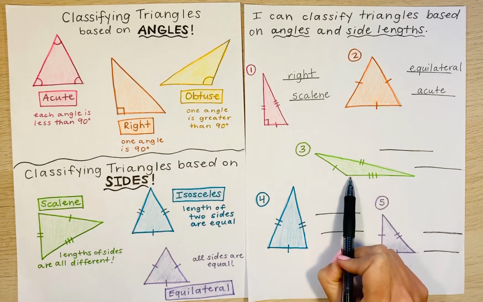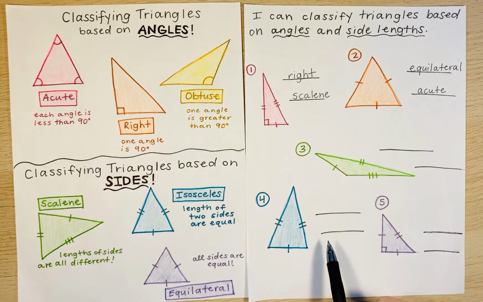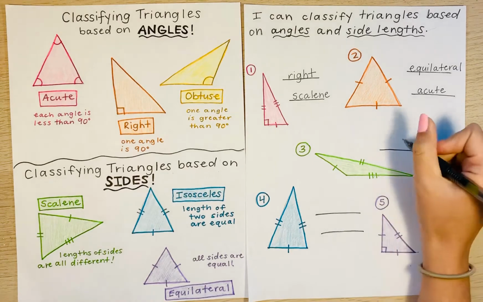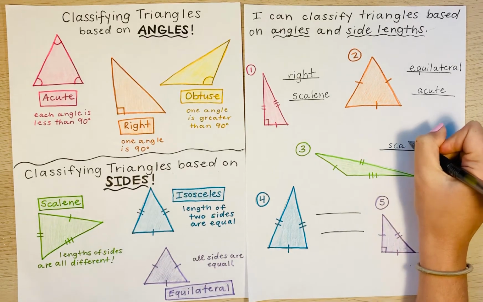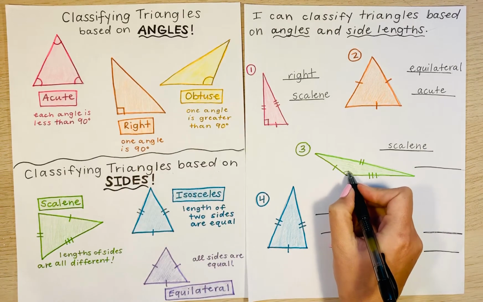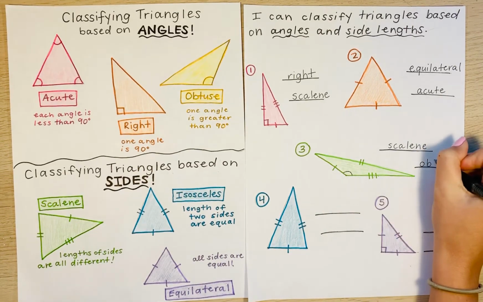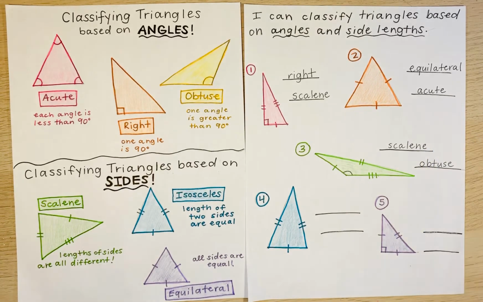For number three, I see that all the side lengths are different lengths again. So knowing that, it's a scalene triangle. And then I do see an obtuse angle here. So that's going to be an obtuse scalene triangle.